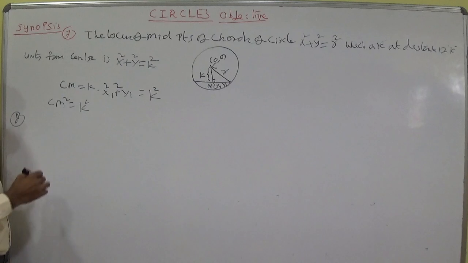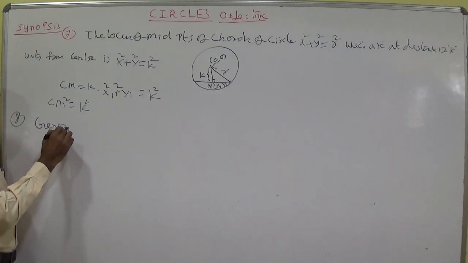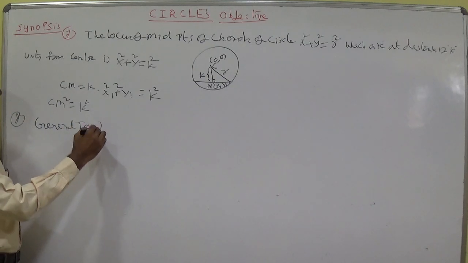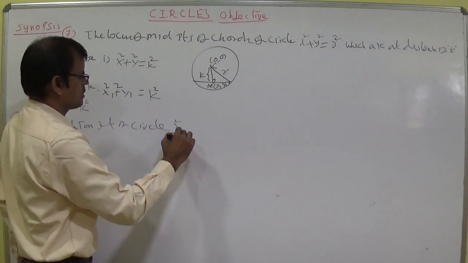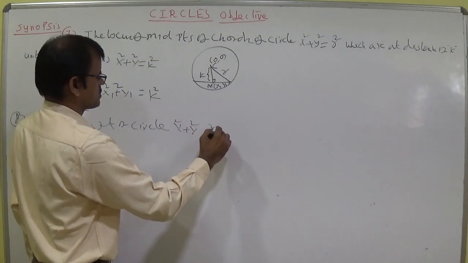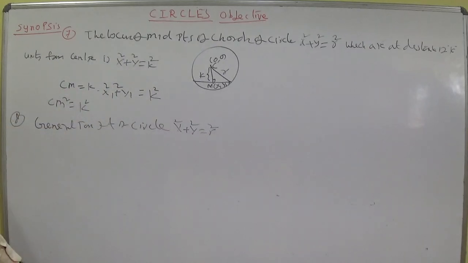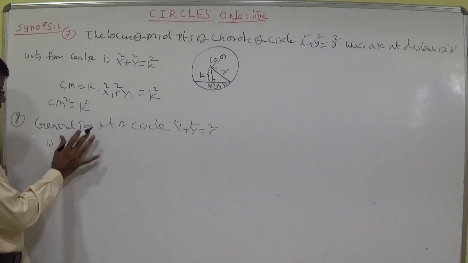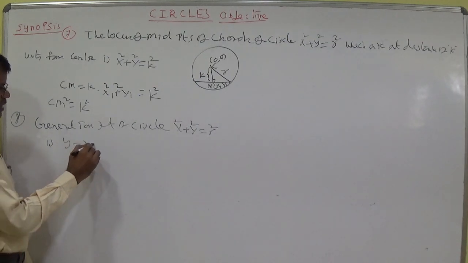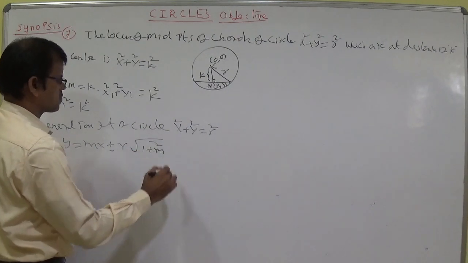Formula number 8 depends upon the general tangent of the circle. The general tangent of the circle x square plus y square is equal to r square is y is equal to mx plus or minus r into root of 1 plus m square.